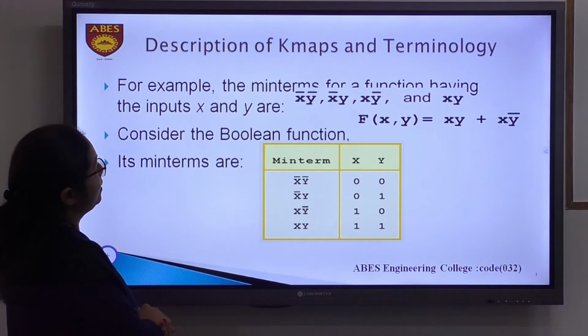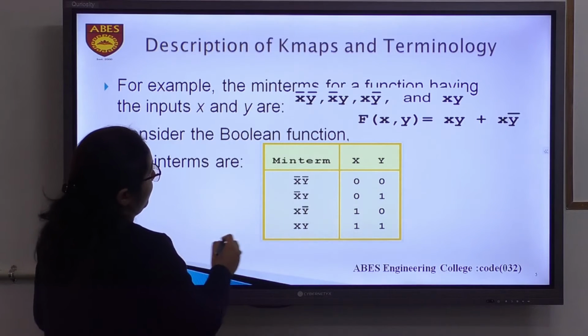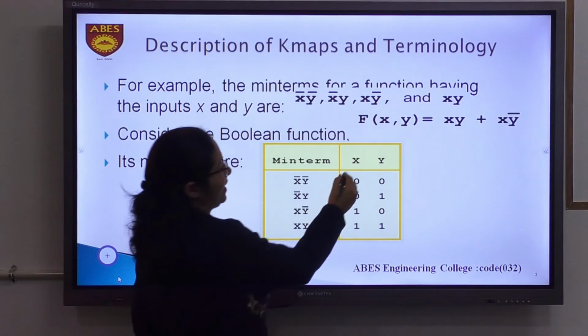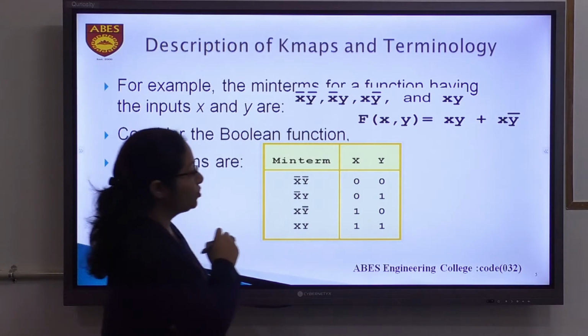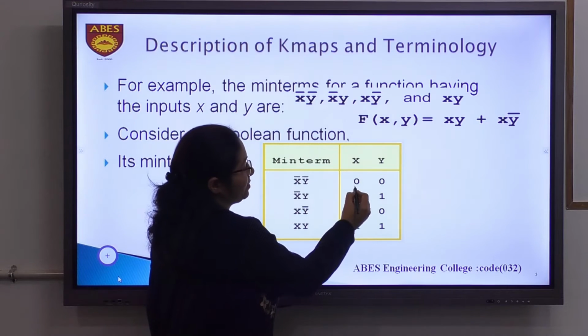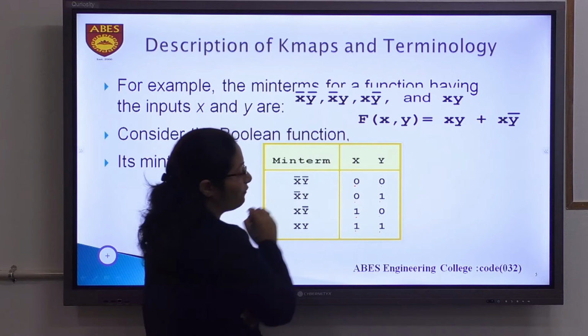Here we can see, for example, the minterms for a function having the inputs x and y. Suppose we have two variables x and y. Two variables can have the possible binary values 0 0, 0 1, 1 0 and 1 1.